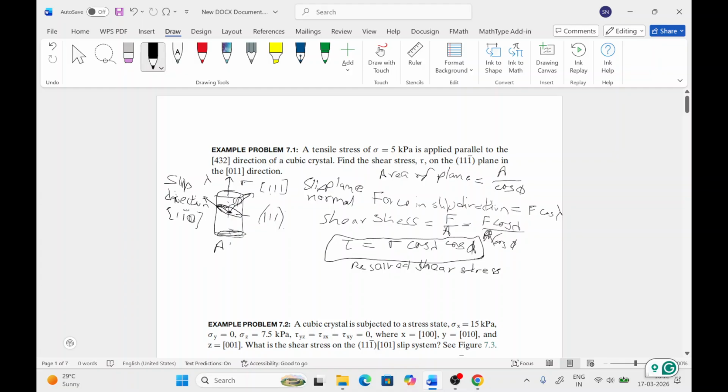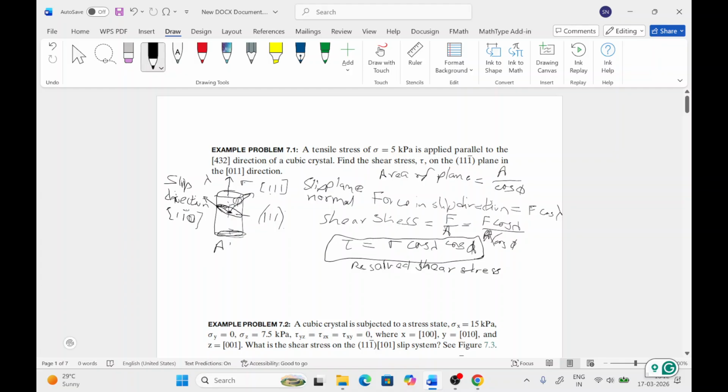For materials with different crystal structures like BCC and FCC, the slip directions and slip planes will vary according to the highest atomic density planes and directions. So for those planes, the resolved shear stress value will be different. For deformation to occur, this resolved shear stress should exceed some critical value.